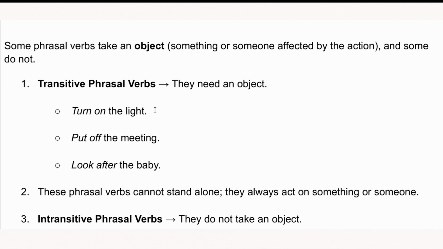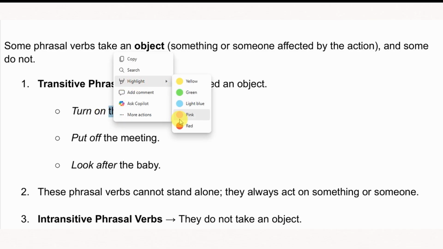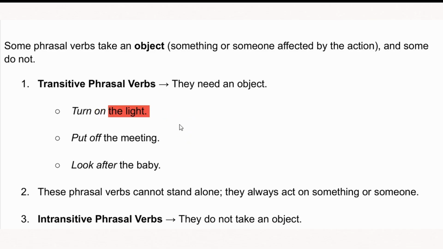You understand the meaning of turn on the light. This is switch on the light. So the object here in this sentence is the light. Put off the meeting. The object here is meeting.